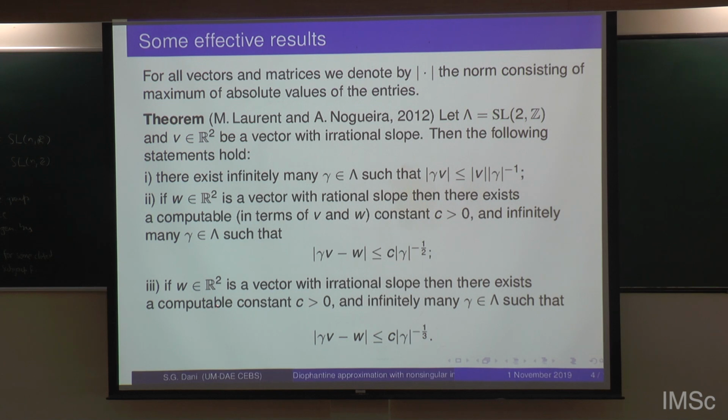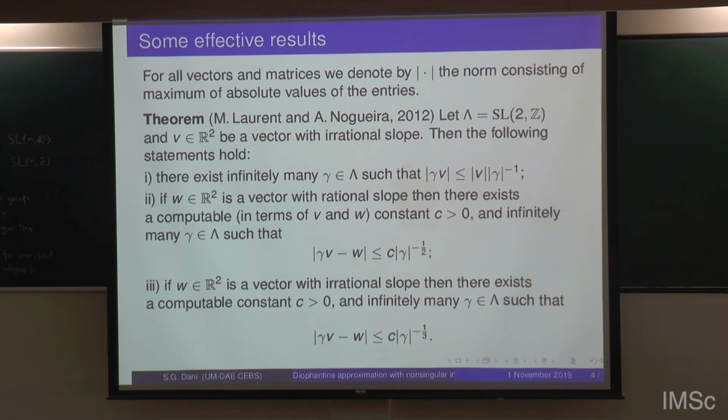On the other hand, if I take W with an irrational slope, then the result is weaker. In that case, the theorem only tells you that you can find gamma where this difference is less than or equal to constant times gamma raised to minus 1/3.